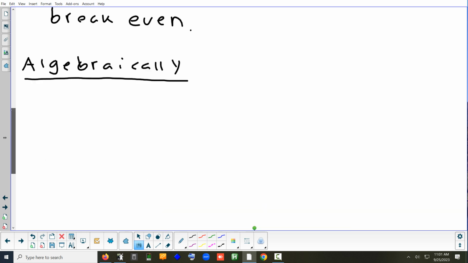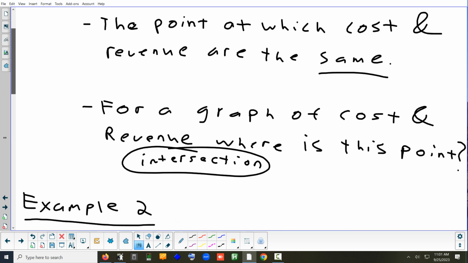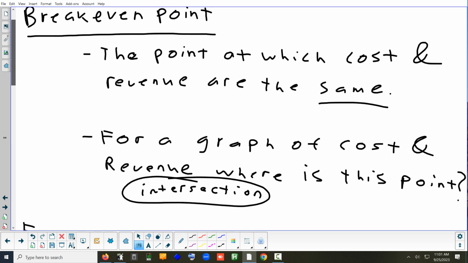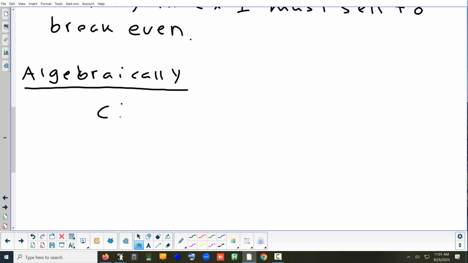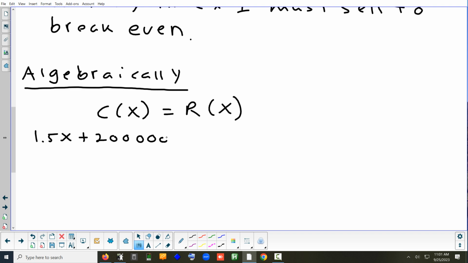So how do we do that algebraically? Well, it says it's the point at which cost and revenue are the same. So just set cost equal to revenue. The formula for cost, what was that again? 1.5x plus 200,000. Revenue was 4x.